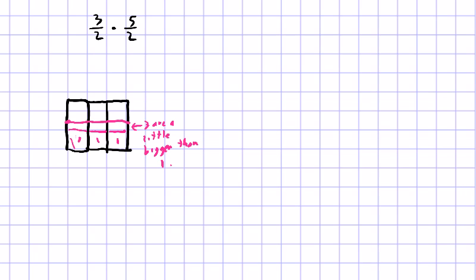Okay, so if we look at this, since 3 of them are a little bit bigger than 1, and we already had 3, it looks like our final answer is a little bigger than 4.